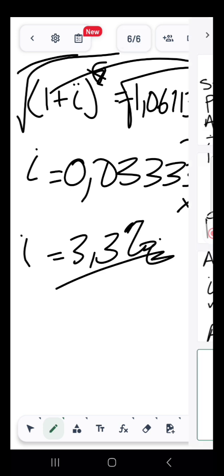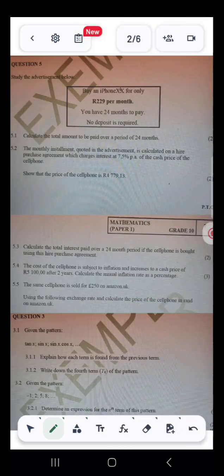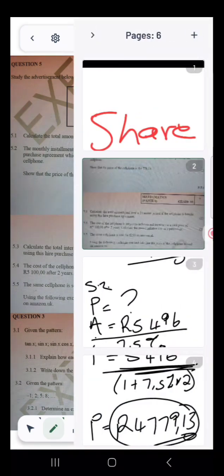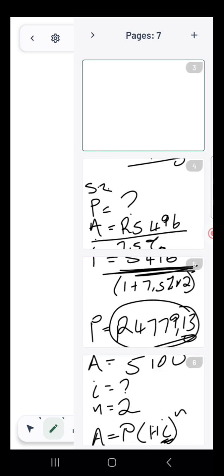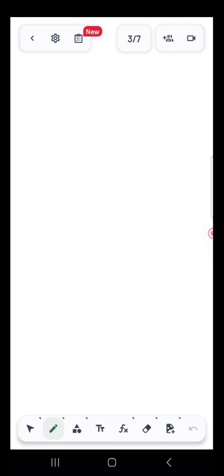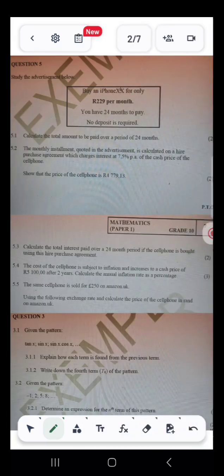Now question 5.5. We are now going to conversion, we are converting money, between rand and naira, whichever you like. 5.5, the question says the same cell phone is sold for £250 on Amazon UK.